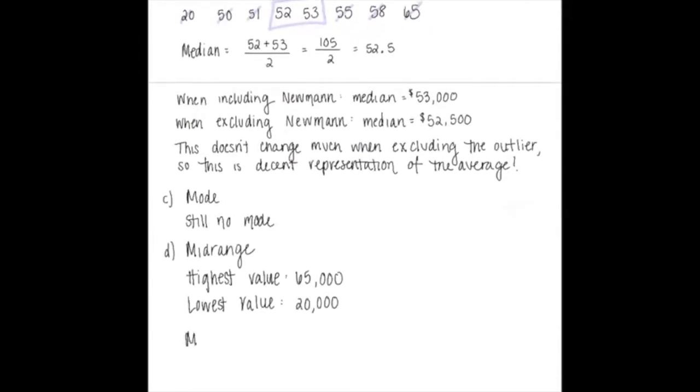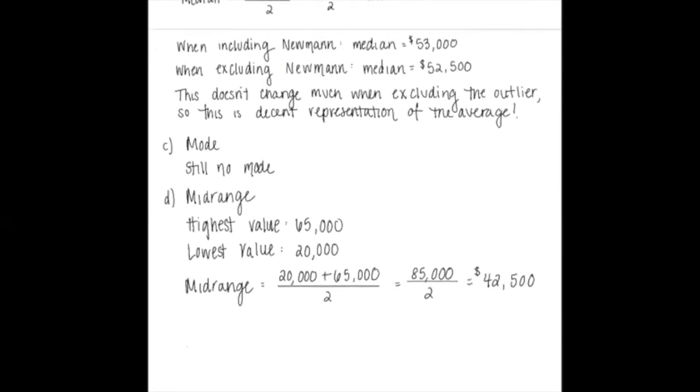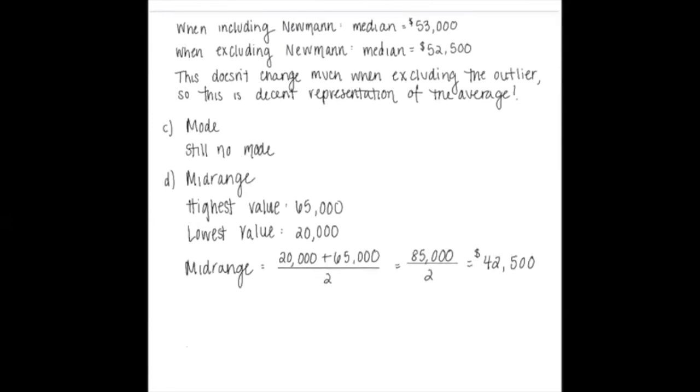So the mid-range is going to be the sum of these, 20,000 plus 65,000 divided by 2. That's 85,000 divided by 2, and that's going to be 42,500. So that also changed drastically, which is not very good.